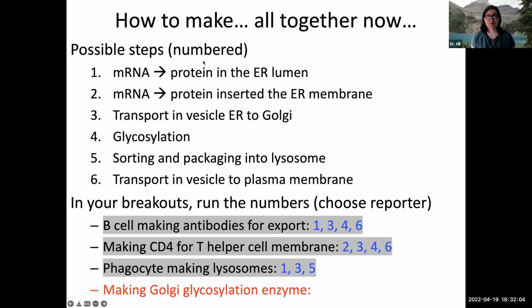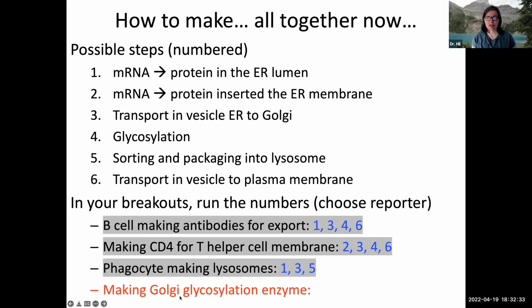So we can just make our protein in the inside of the ER and send it to the Golgi. And remember, what the Golgi does is it recognizes it's a lysosomal enzyme, it doesn't need to get glycosylated because it's not leaving the cell, and it doesn't need to go to the plasma membrane. It just gets gathered up and sorted and packaged into a vesicle that becomes the lysosome. So it's that simple.